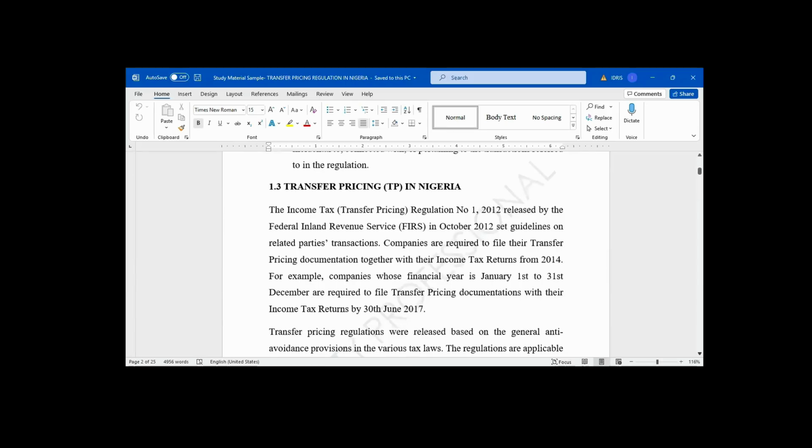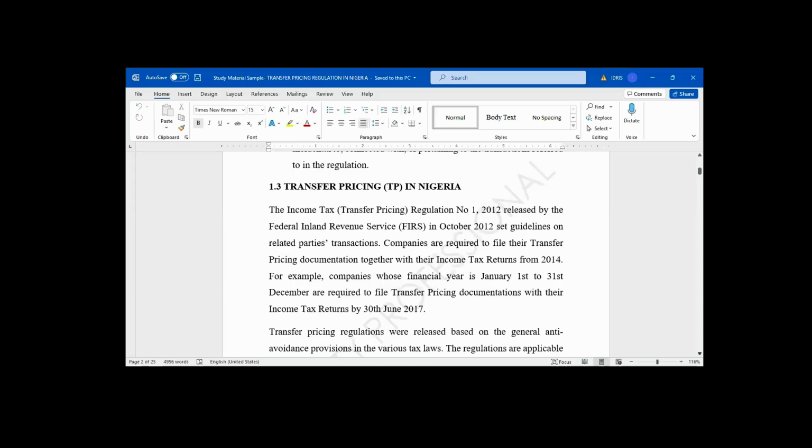Now, let's look at transfer pricing in Nigeria. The regulation of transfer pricing started, like I said earlier, in 2012.